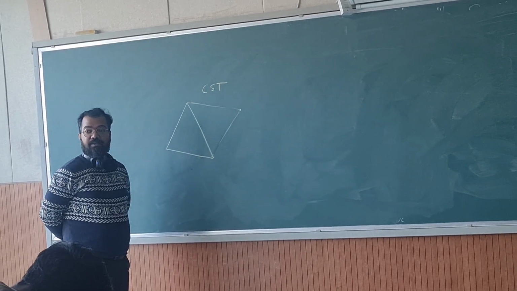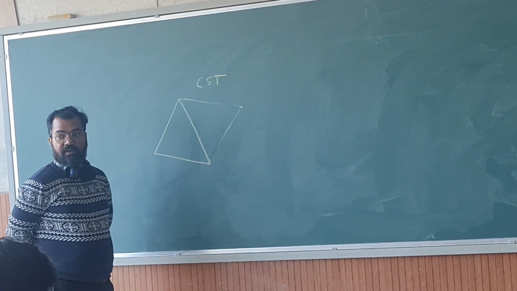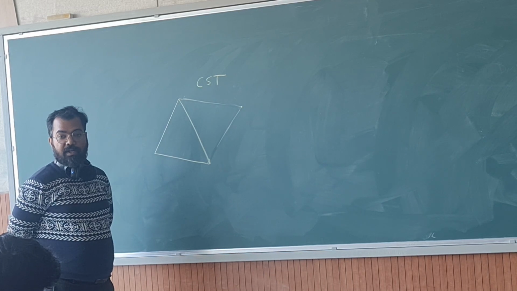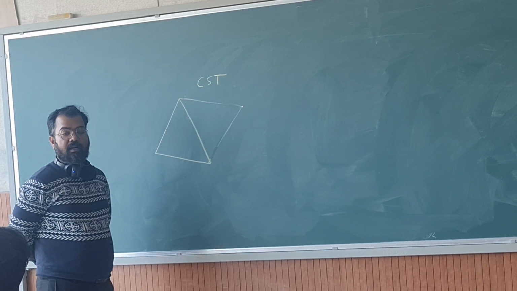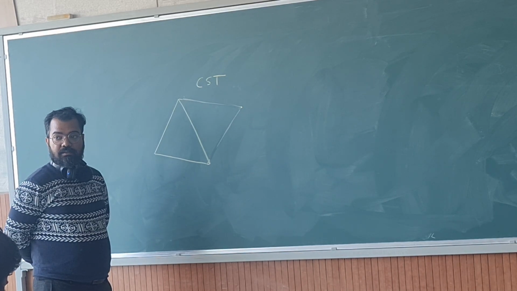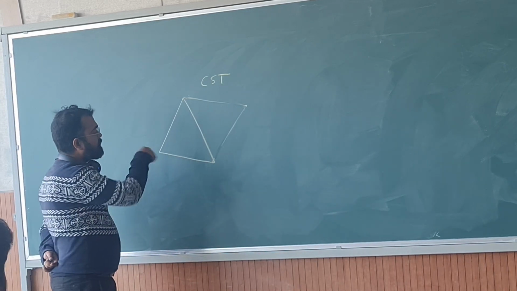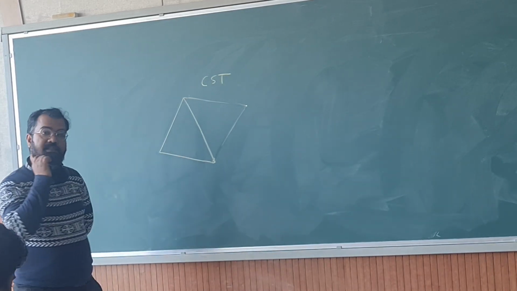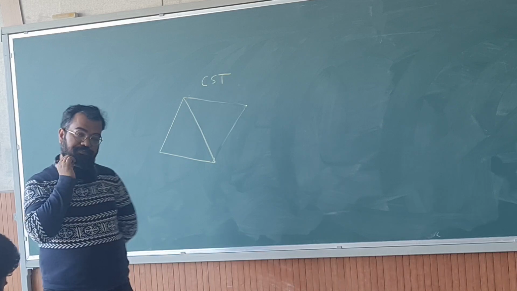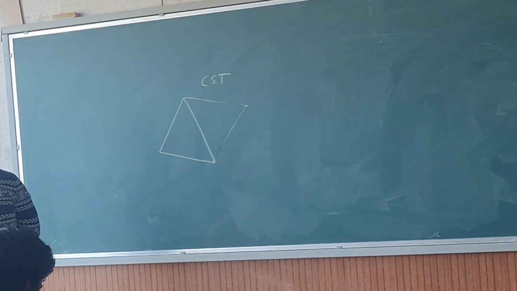We can't really use Lagrangian in this, because we cannot define an epsilon axis and an eta axis, because there are 3 vertices of this triangle, and the Lagrangian method will not work in this case. So we need to find shape functions by some other means.